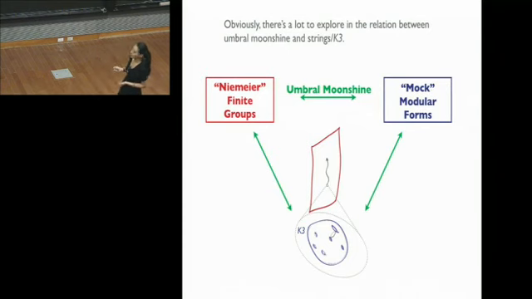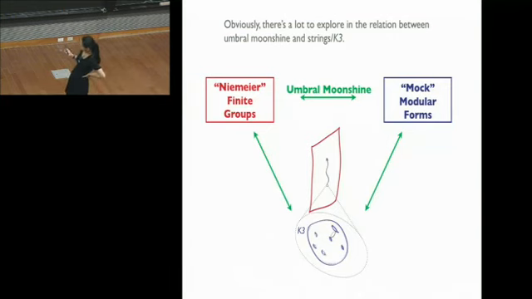Yeah, obviously there's still a lot to explore and to see what is really going on. And so now I'm introducing this third corner of the triangle that we want to establish, which is the relation between Moonshine and K3 surfaces, K3 compactification of string theory.